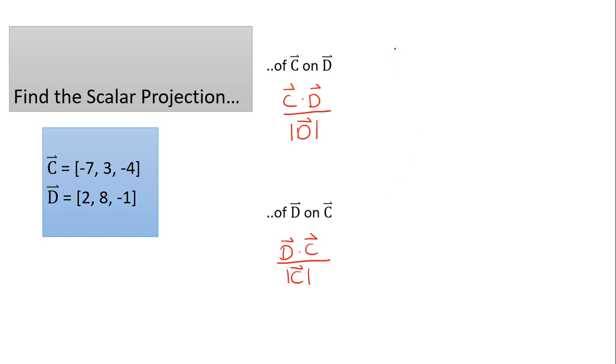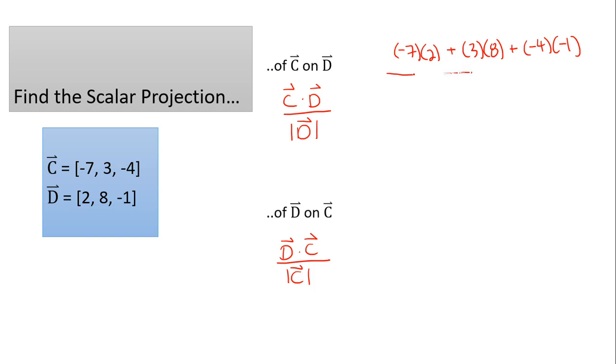So we're going to take, same thing, get the dot product, so we're going to take negative 7 multiplied by 2, add that to 3 times 8, and then we're going to add that to negative 4 times negative 1. Straight up dot product.